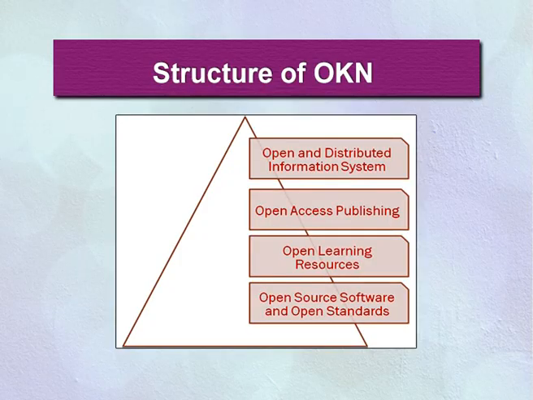So, here I have given you the whole scenario of open knowledge movement or open knowledge network, but in this tutorial we are going to study how open source software and open standards are shaping the formation and development of integrated library system.